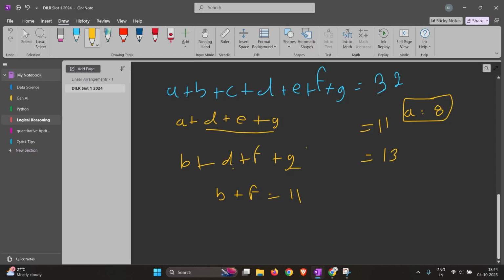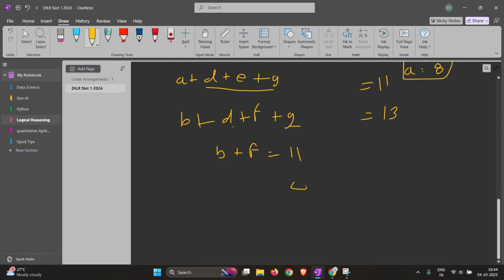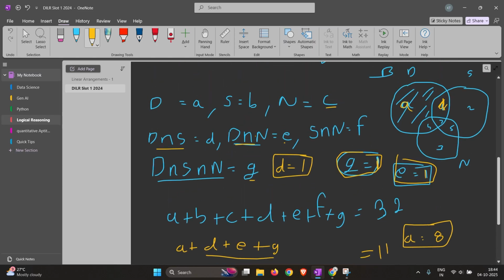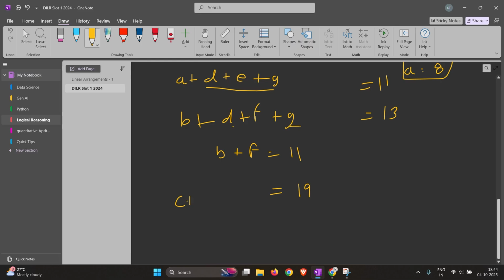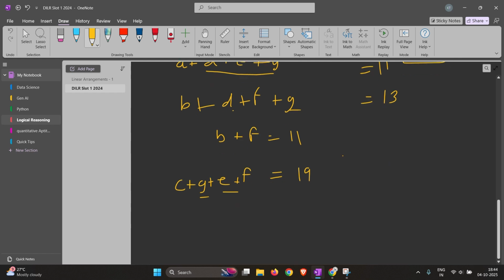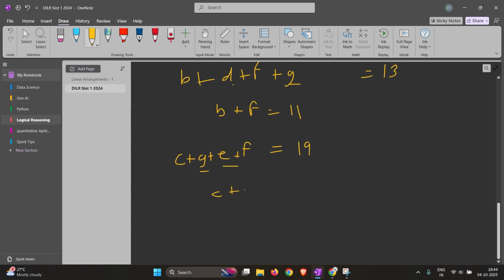He visited 19 countries in total, a lot of countries. So his equation would be C plus E plus G plus F. Again, we know that E is 1 and G is 1, we have already calculated those. So C plus F is equal to 17.